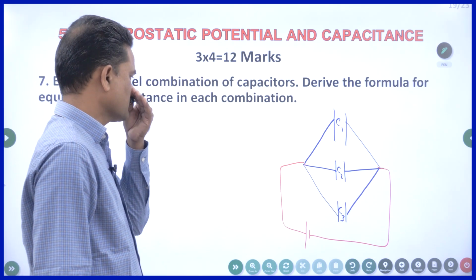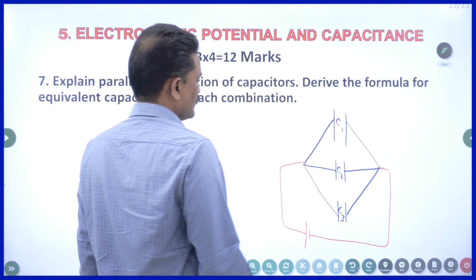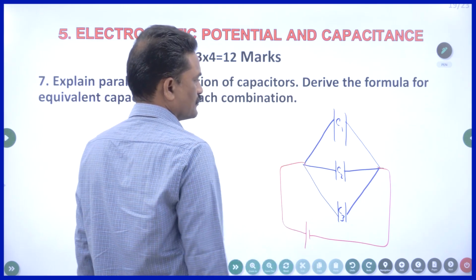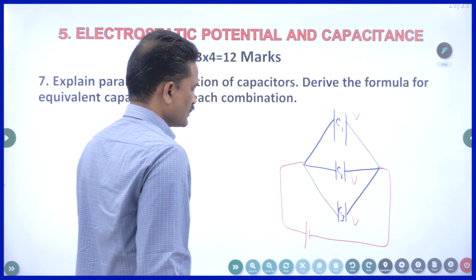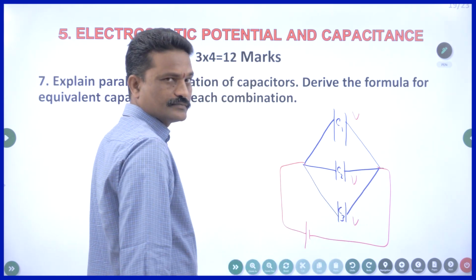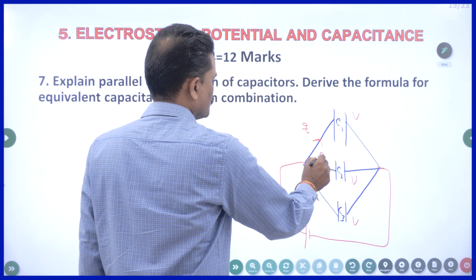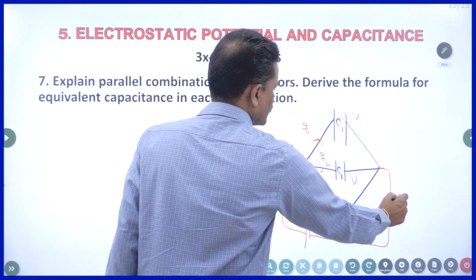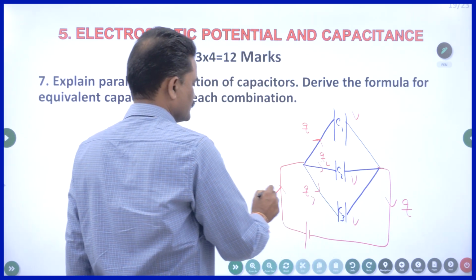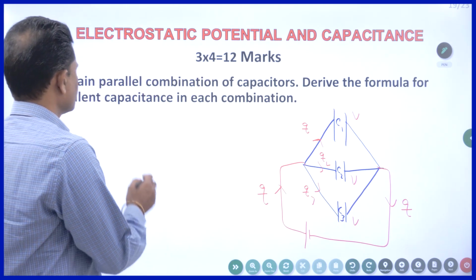So, this is parallel combination. In parallel combination, voltage is same, but current or charge gets divided. So, here charge Q1 flows, here Q2 flows, here Q3. All 3 branches will meet once again, they give out Q, same Q. So, what is divided? That you have to write as a statement.